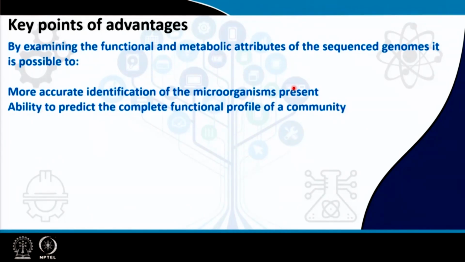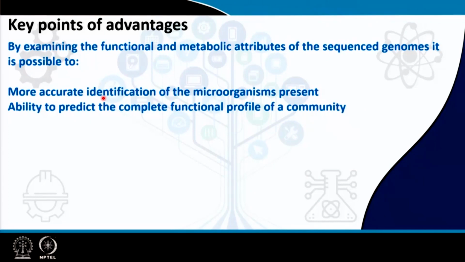Some of the major points of advantage are that by examining the functional and metabolic attributes of the sequenced genome, it is possible to have a more accurate identification of the microorganisms present, because now we have not only 16S or 18S genes, but all the taxonomic marker genes. Based on all the taxonomic marker genes, we can reach all the organisms which are present there.